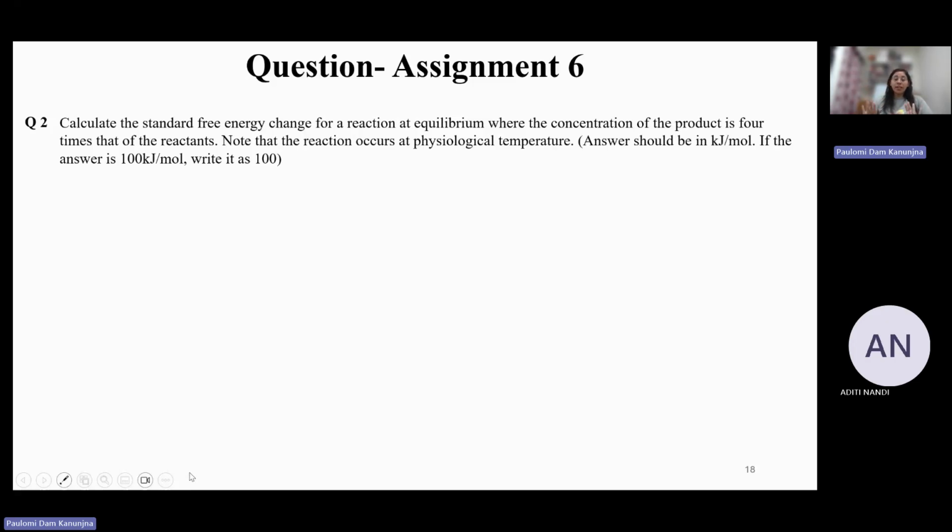So you have these 2 forms, and you remember we discussed different questions on when and how to use these. That's the formula you need to use in this question. You are already told that the concentration of the product is 4 times that of the reactant. So using that information, you can use this equation here.